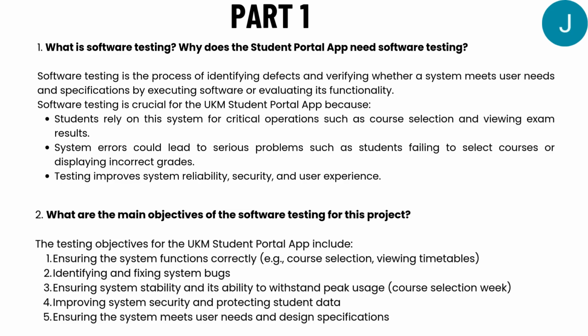About question two, the main objectives are to make sure all functions work properly, to find and fix bugs early, and to ensure system stability and security. In short, the goal is to deliver a reliable and user-friendly system for students.